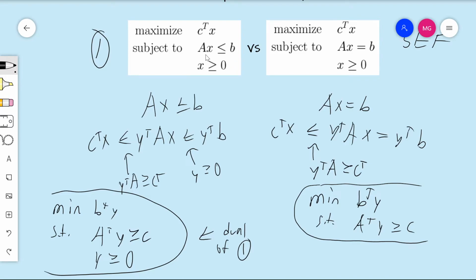Because when you multiply by a vector y, we didn't have to worry about any direction of any inequalities in the SEF version, because there was an equals to. So whether y was positive or negative for each of its components, it doesn't matter, because an equals to sign is still an equals to sign. What you do to the left is what you do to the right.